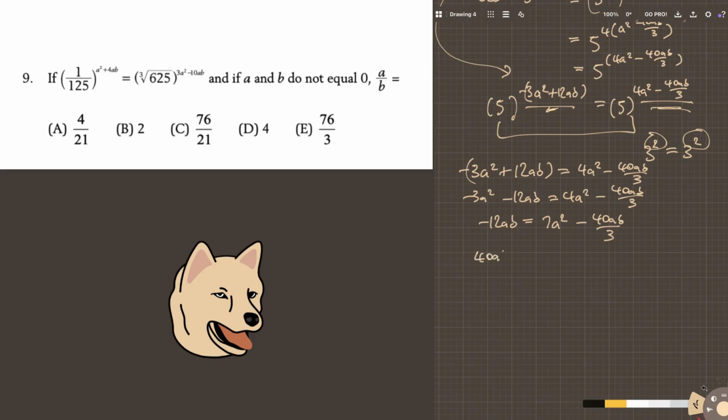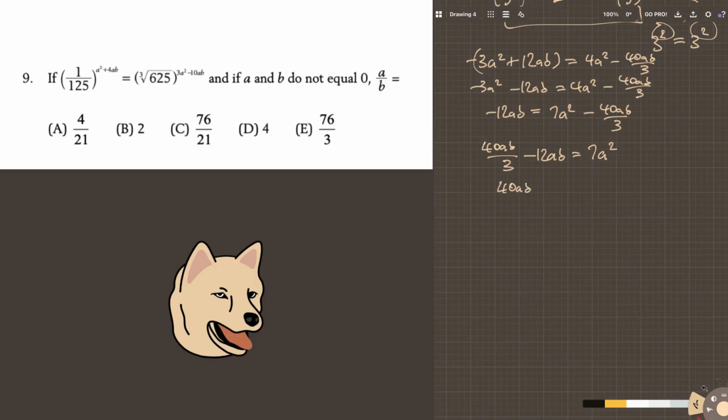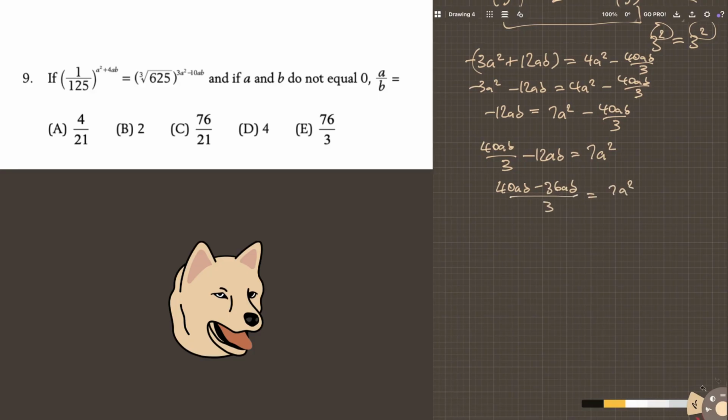So 40ab over 3 minus 12ab is equal to 7a squared. 40ab minus 3 times 12ab, which is 36ab, so we get 4ab over 3 is equal to 7a squared. Using our cross multiplication rule, we have 21a squared is equal to 40ab minus 36ab, which is equal to 4ab. So 21a squared is equal to 4ab. 21a is equal to 4b.